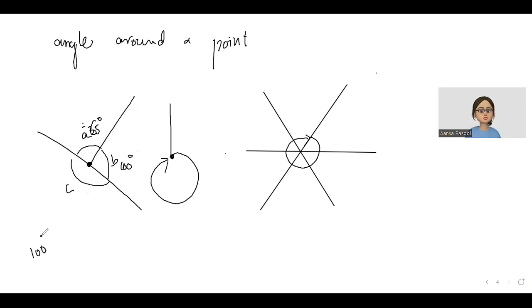It's 100 plus 65 degrees plus angle C is equal to 360 degrees. So 360 degrees minus 100 minus 65. So angle C is 195 degrees. Got it? So this is how you are supposed to find the angles around a point. Next we are going to discuss vertically opposite angles.